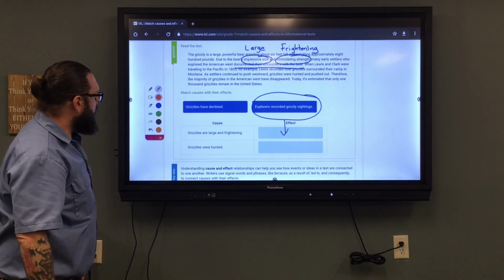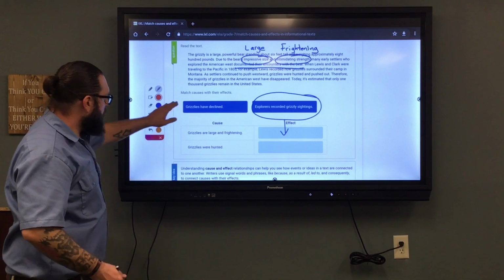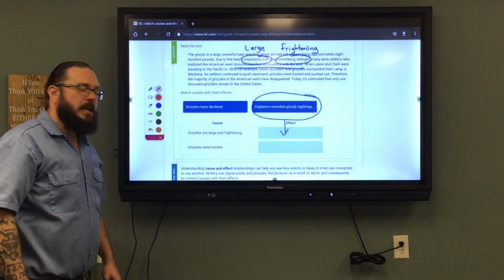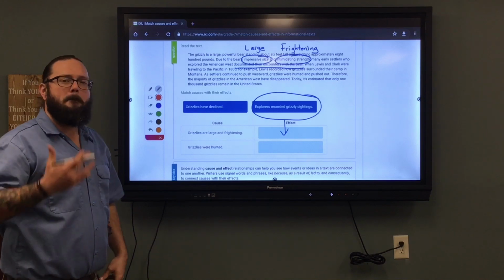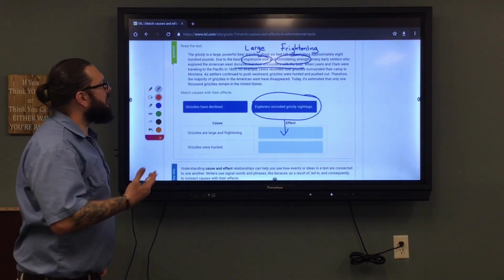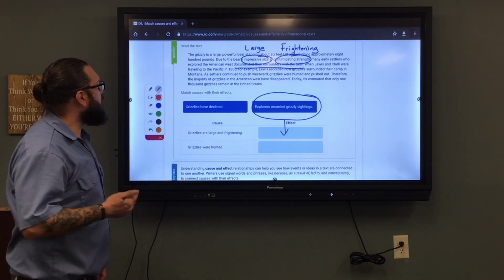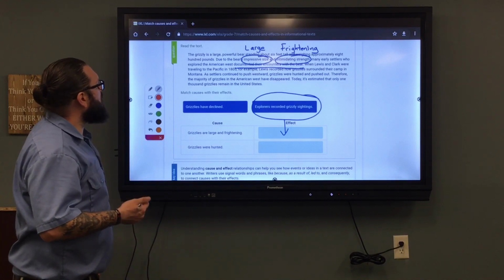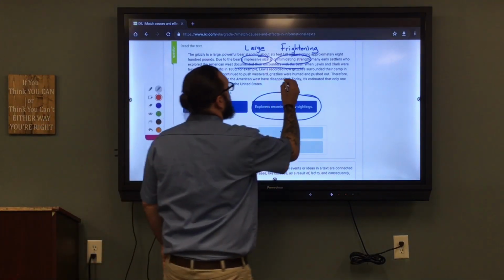The next cause, grizzlies were hunted. We already know through process of elimination that means grizzlies have declined, but for practice, let's identify the evidence in the passage. As settlers continued to push westward, grizzlies were hunted and pushed out.